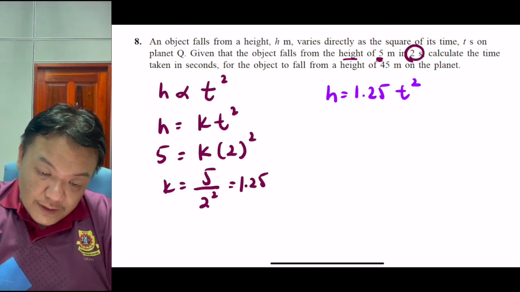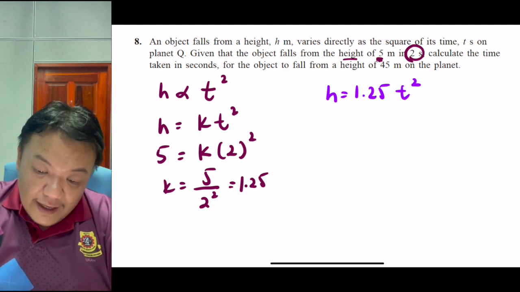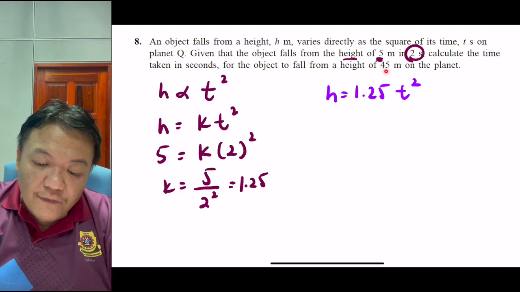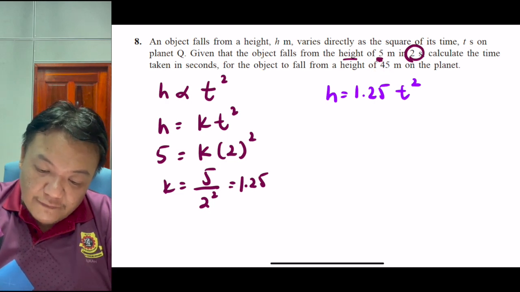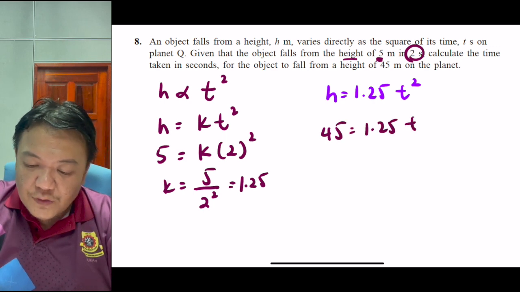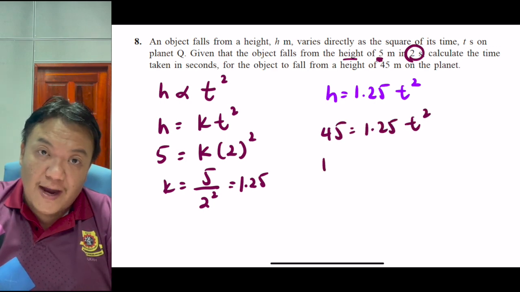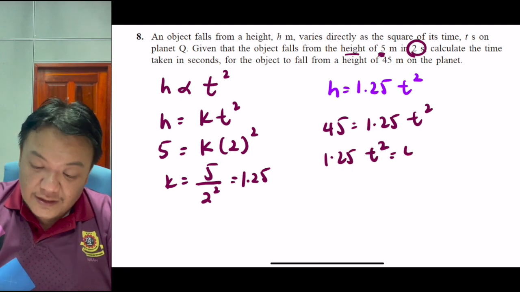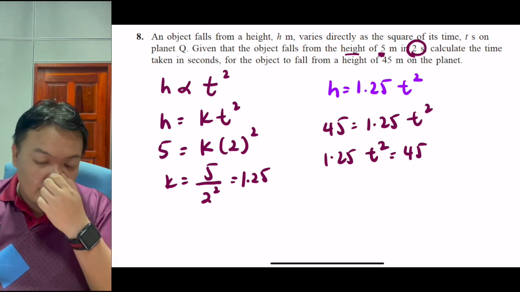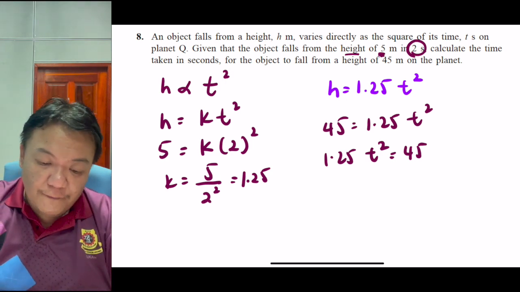So what the question is about, calculate the time taken. So calculate t, when the object falls from a height of 45 meters. So you know that 45 is h. So 45 is equals to 1.25t square. Just exchange the location for it's easier for you to find the value of t.